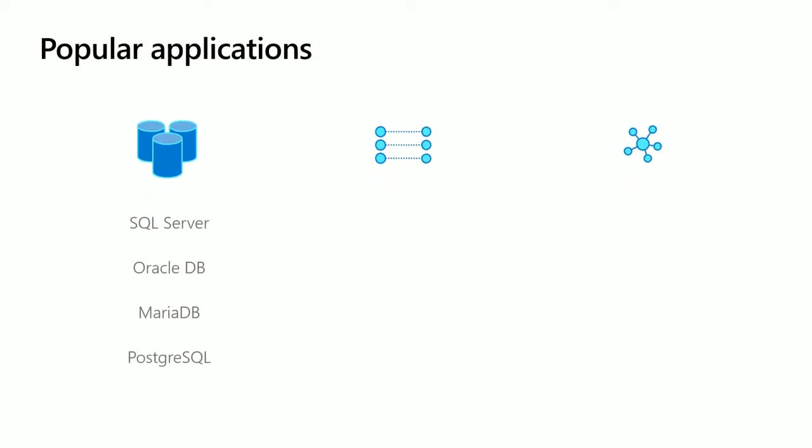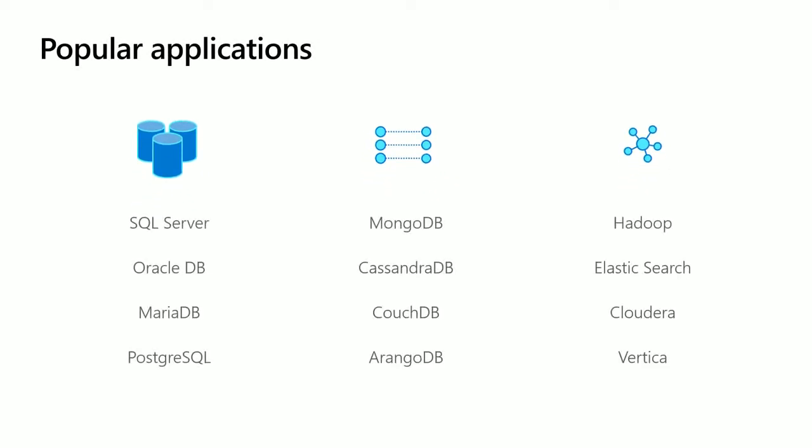Some popular applications in these three categories include things like SQL Server and Oracle DB. With NoSQL, you think about applications like MongoDB and Cassandra DB. And with big data, you're really thinking about things like Hadoop and Elasticsearch. So these are some great examples and common workloads that we see customers run as part of their deployments on Azure.